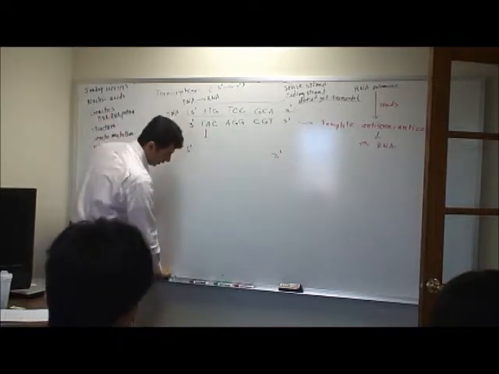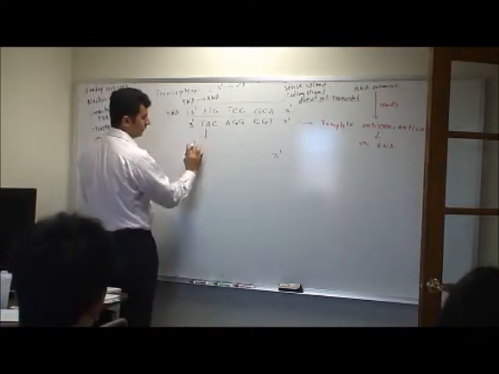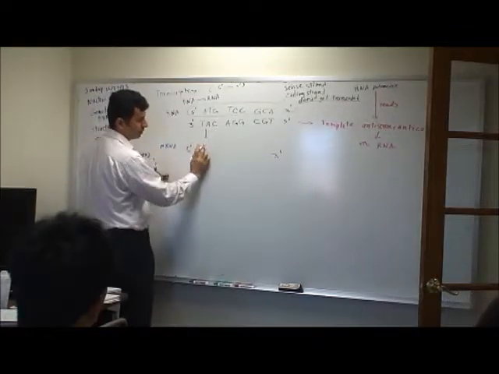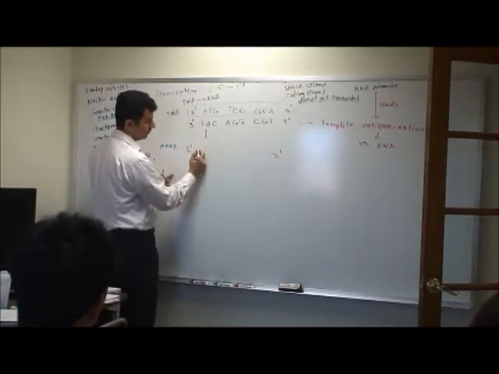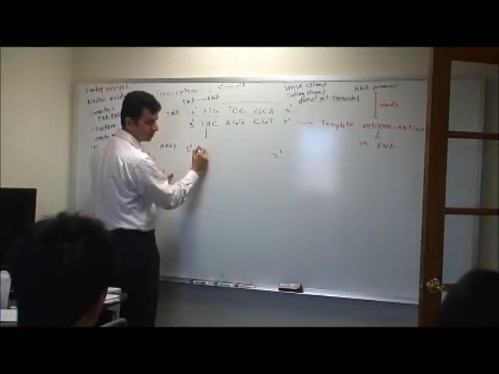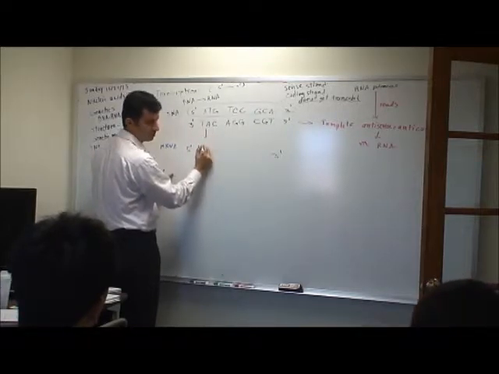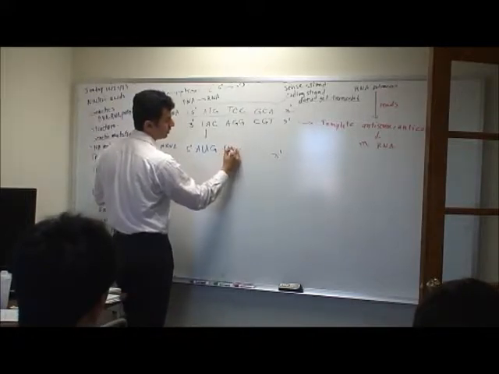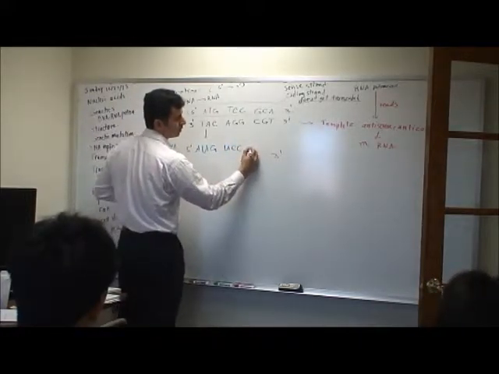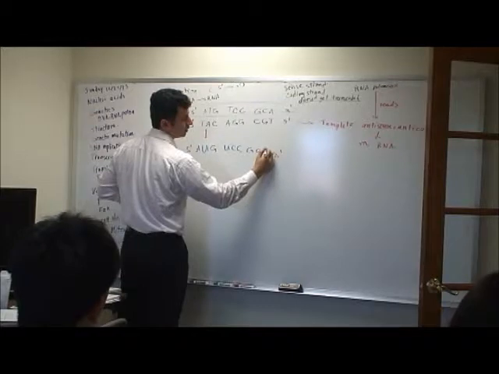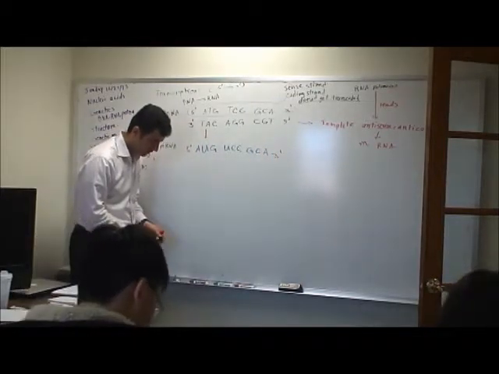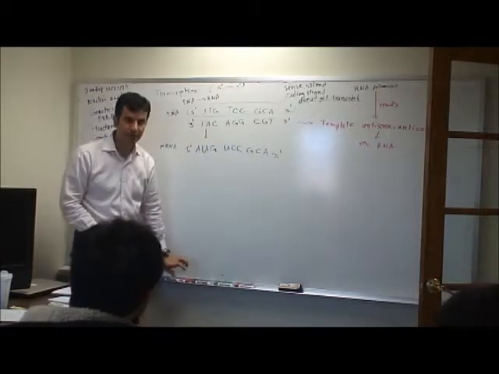Alright, so Vivian, can you help me with the mRNA for this? T becomes A, A. I'll give you a strand of DNA and I ask you what is the mRNA.